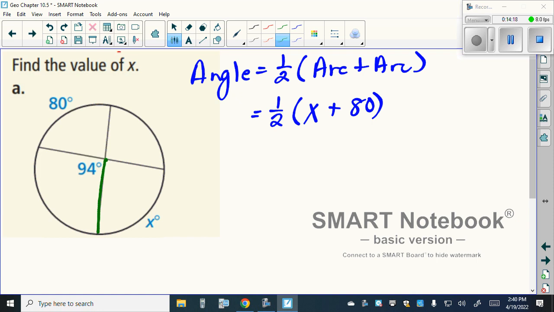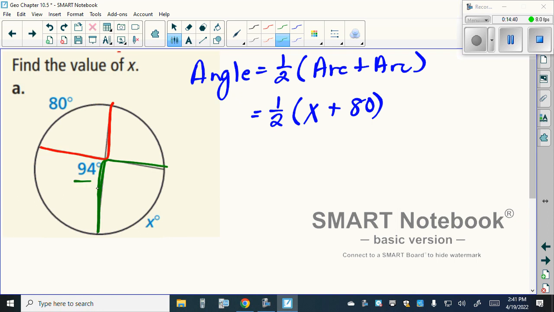Almost, because the angle we need for this is either this one here or this one here. What do we know about two angles that make a straight line? They equal 180, yes?